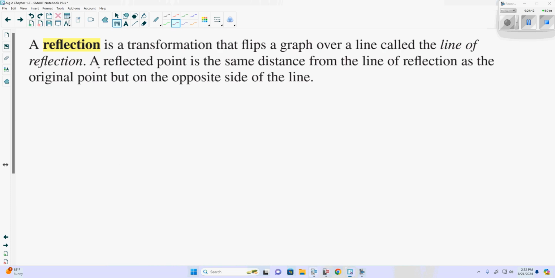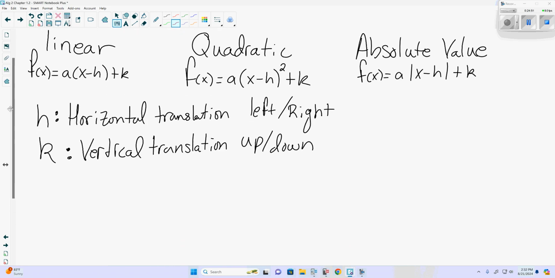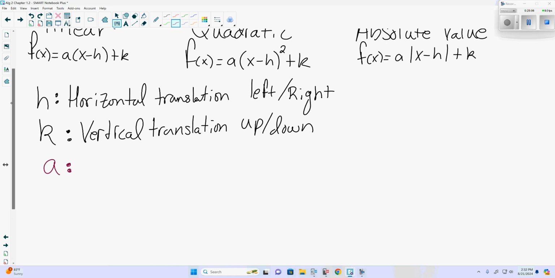But for reflection across the x and y-axis, there is a way for us to tell. We're going back to this here. Reflection across the x-axis is going to be attached to our A, specifically not the value of A. So if A is 2, 3, 5, 1/2, 1/5, any of those, that's not what it's doing.